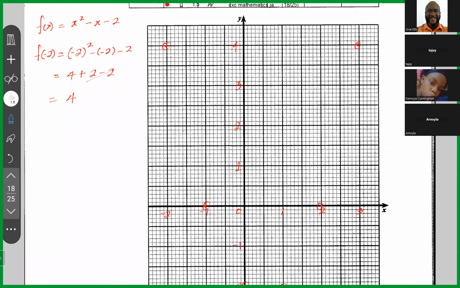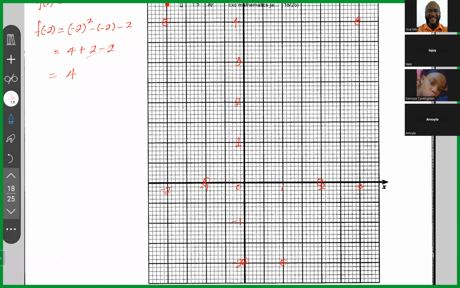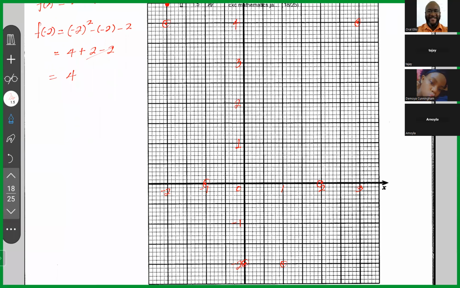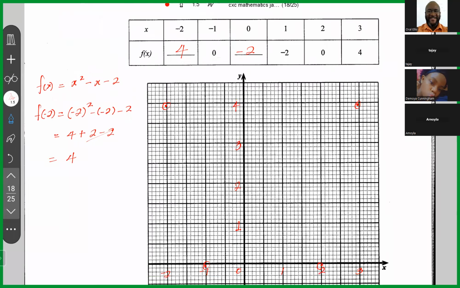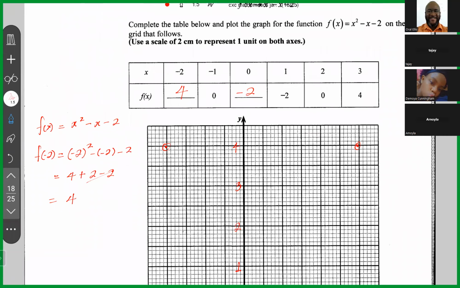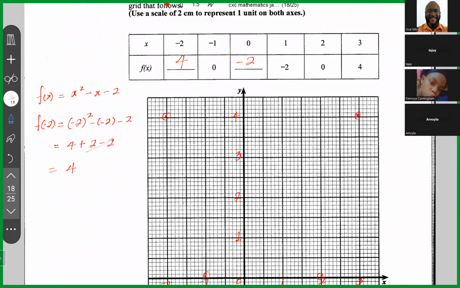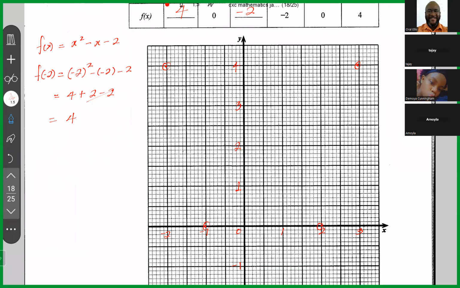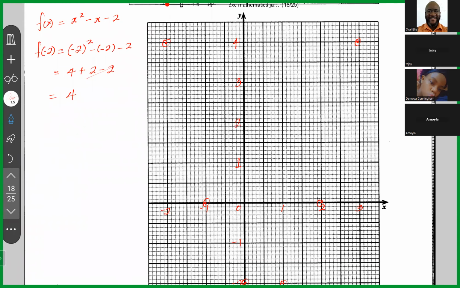All right, so this is a quadratic graph. So the quadratic graph is a curve. Whenever you're drawing a curve, you're going to draw it by freehand.